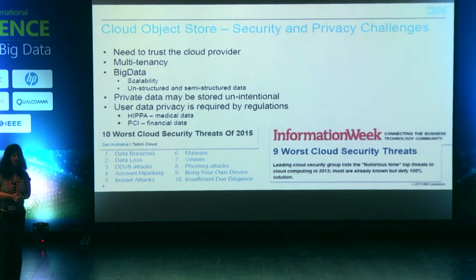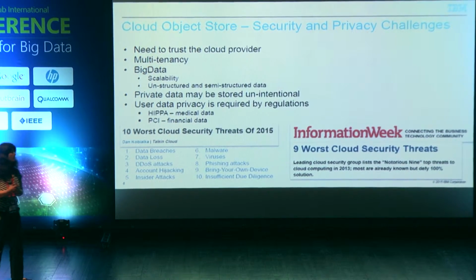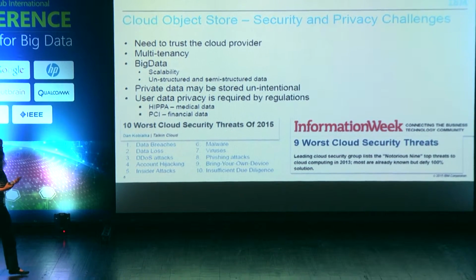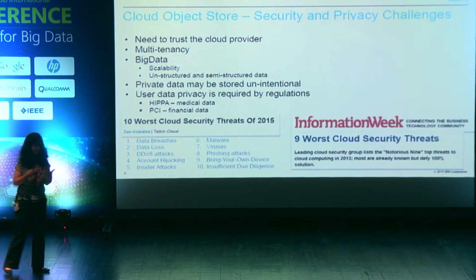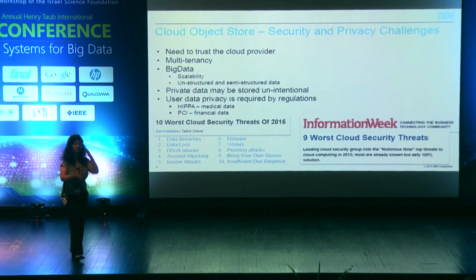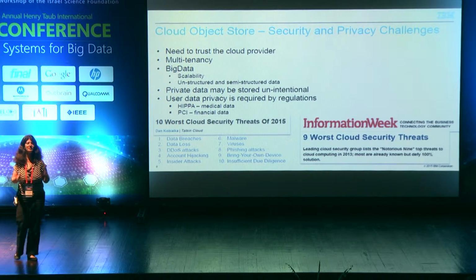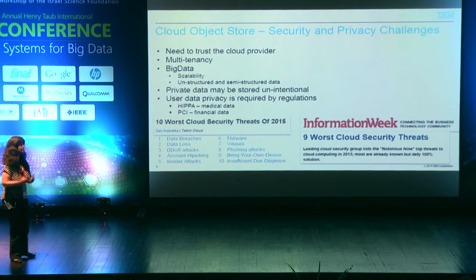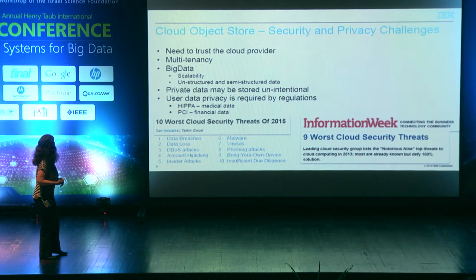Now, again, when we're talking about cloud, we are very much afraid of security threats. What are the main threats that people are afraid of? So first, you need to trust your cloud provider. There is a problem of multi-tenancy. There are several tenants that share the same cloud resources, and we're afraid that there may be data leakage from one tenant to another.